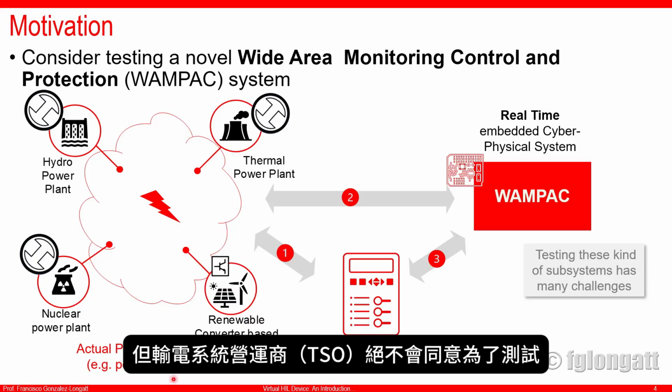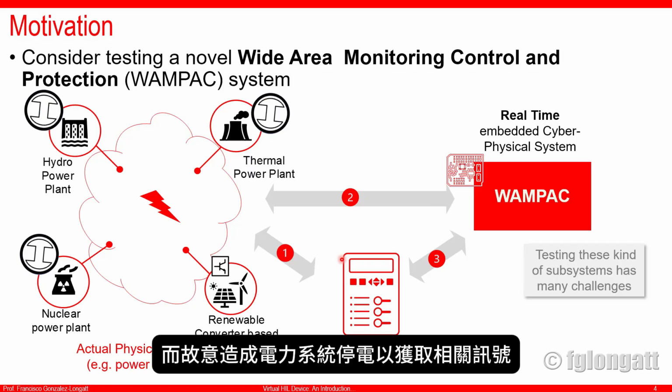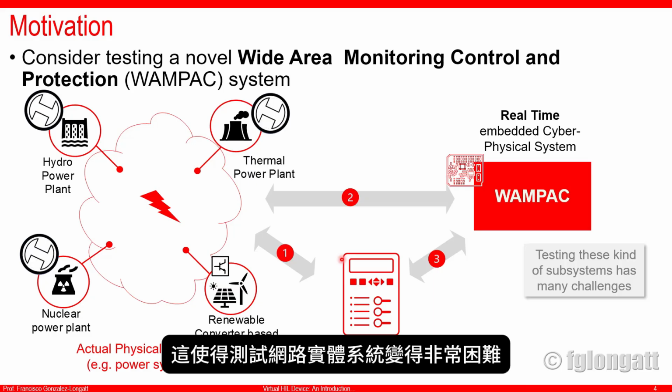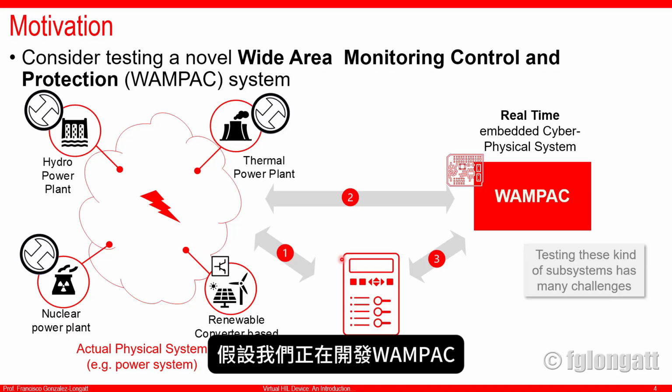But also, we have communication between the WAMPAC and the physical relays at the field. What I'm trying to say is, in reality, when we are developing a WAMPAC, we are interacting with several cyber physical environments, okay?